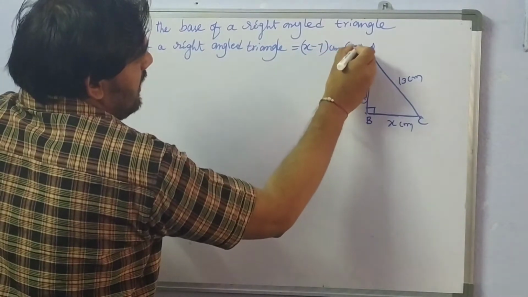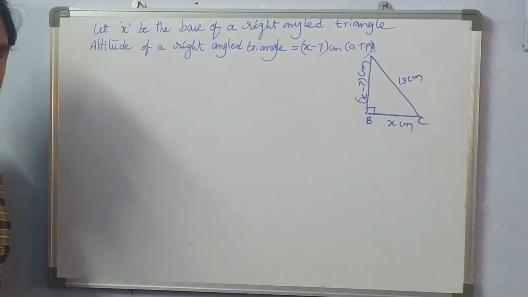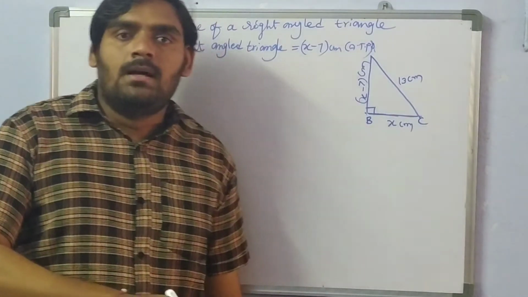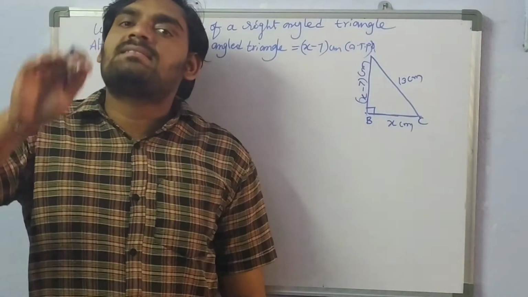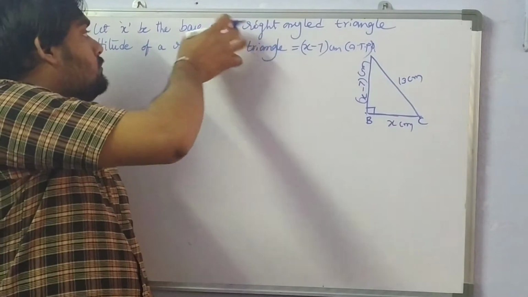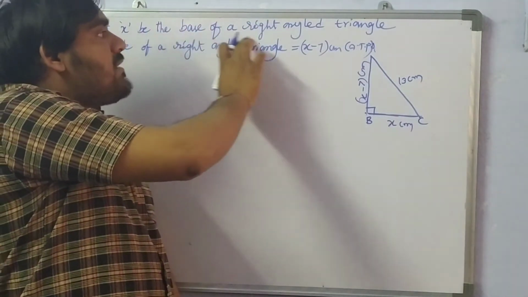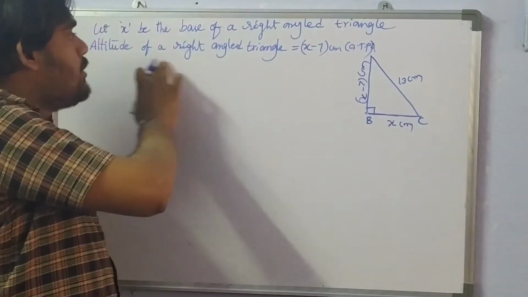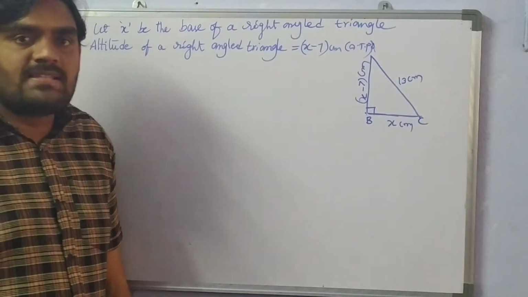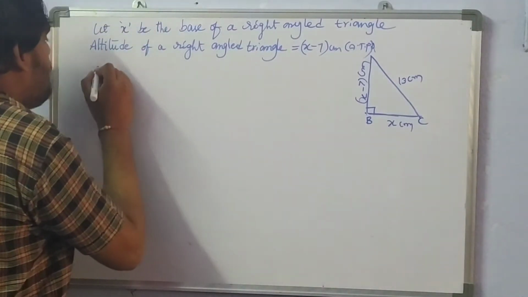How did I write this? According to the problem: the altitude is 7 centimeters less than its base. If I assume x is the base of the right angle triangle, then the altitude is x minus 7 centimeters.